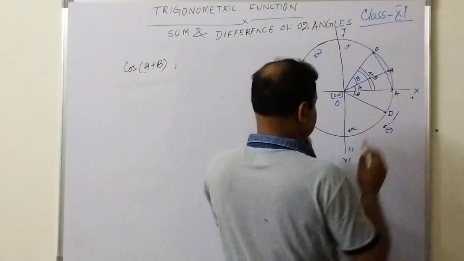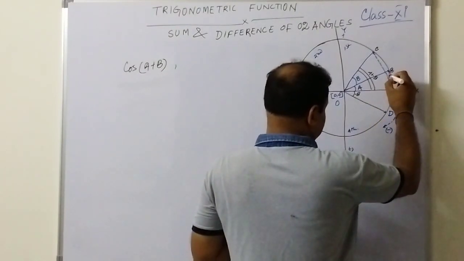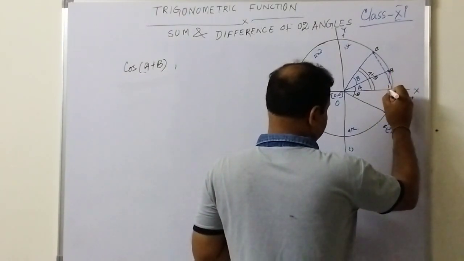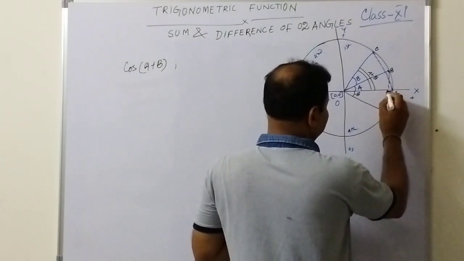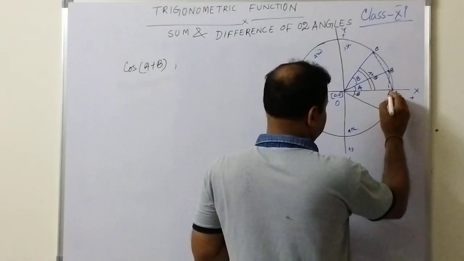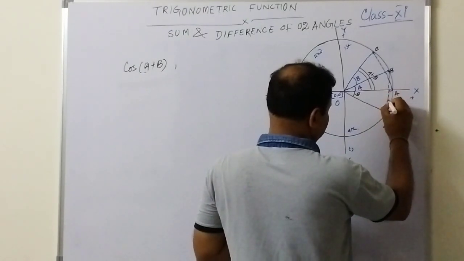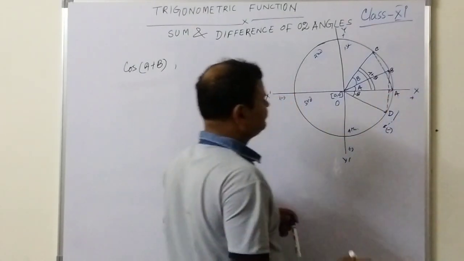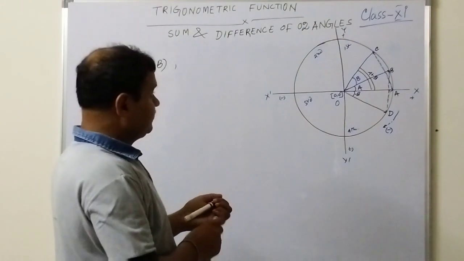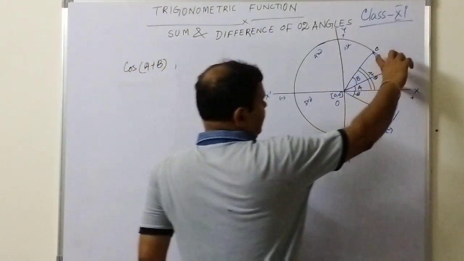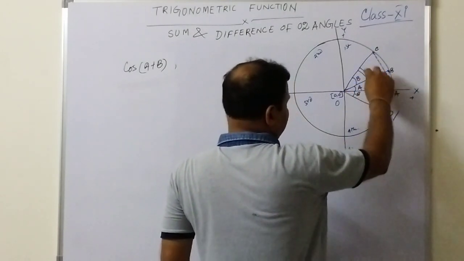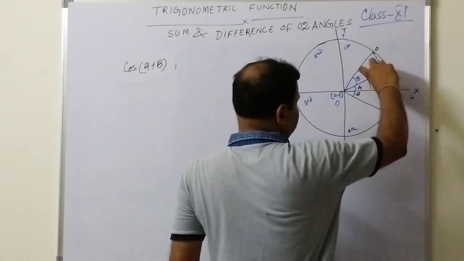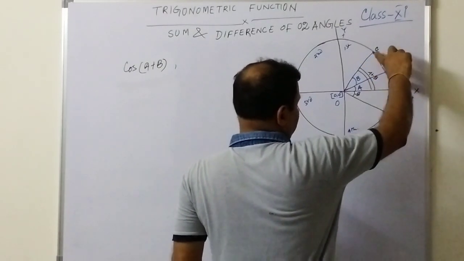Why I am joining, I'll just make it clear right now. This arc, because this arc has at the center the angle A plus B. This angle is again A plus B, the arc.